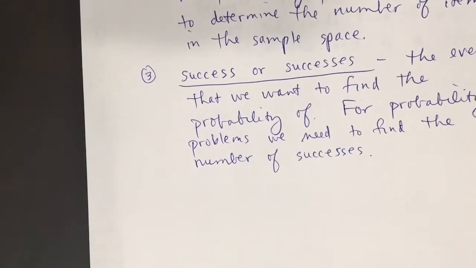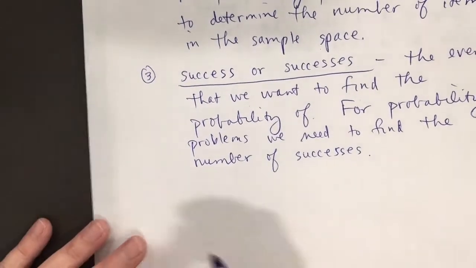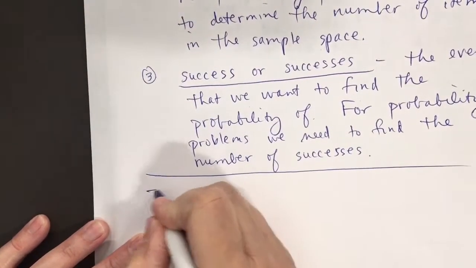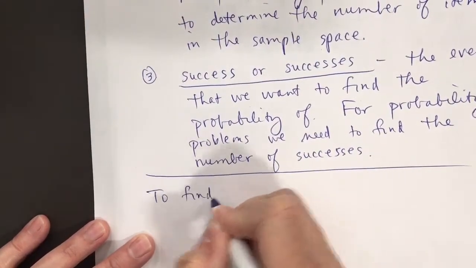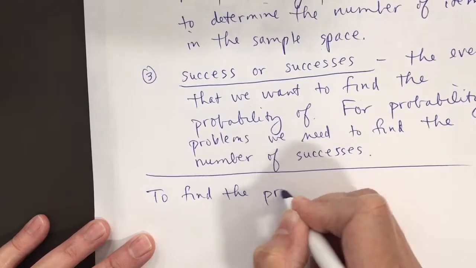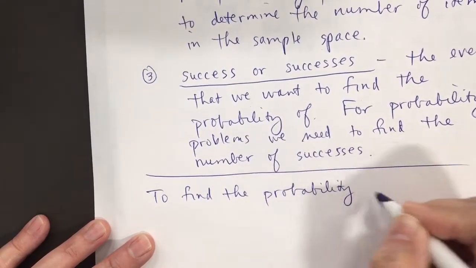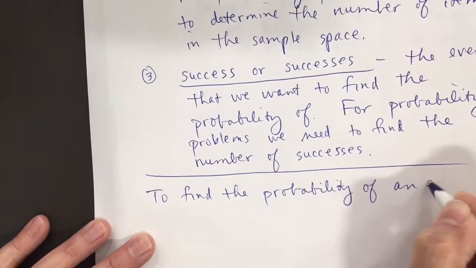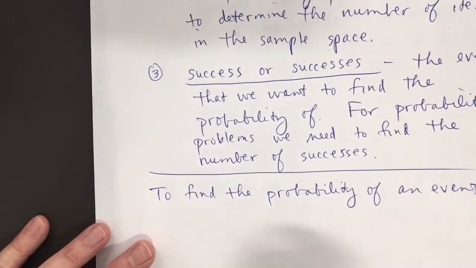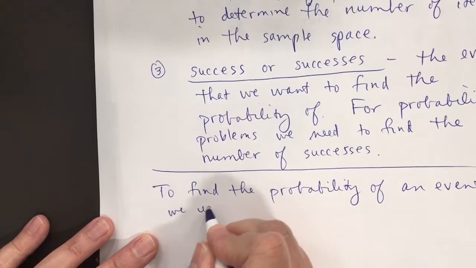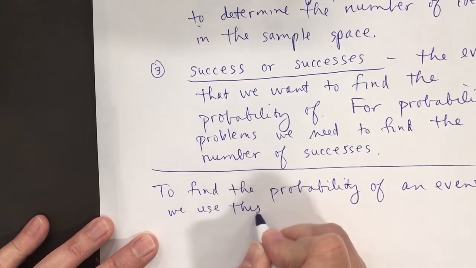So the formula for probability is a fraction. To find the probability of an event, we use this formula.